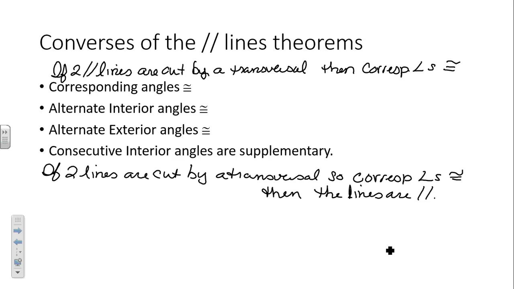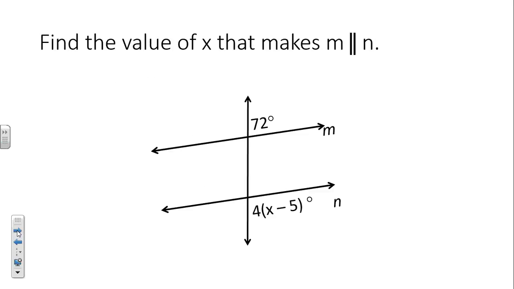Okay, so let's talk about those. So here we have two lines. This is where you start writing things down. So draw your two lines that look like they're parallel, but notice we don't have any symbols to show that those lines are parallel. And we have a transversal. In the upper right, I want you to write your 72-degree angle in there.